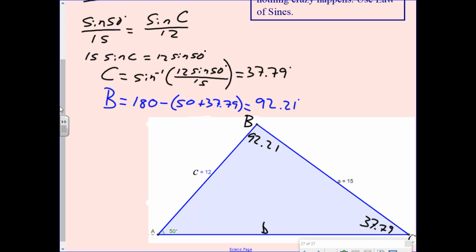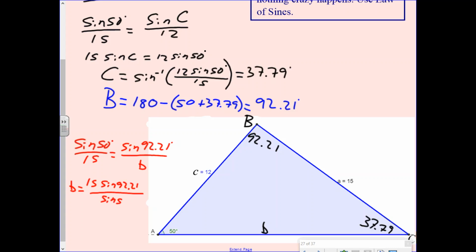So I'm going to say that sine of 50 over 15 is equal to the sine of 92.21, the B angle I just found, over B. And this is just the normal cross multiply and divide. So B is going to be equal to 15 sine 92.21 all over sine of 50. And that will come out to be 19.57.